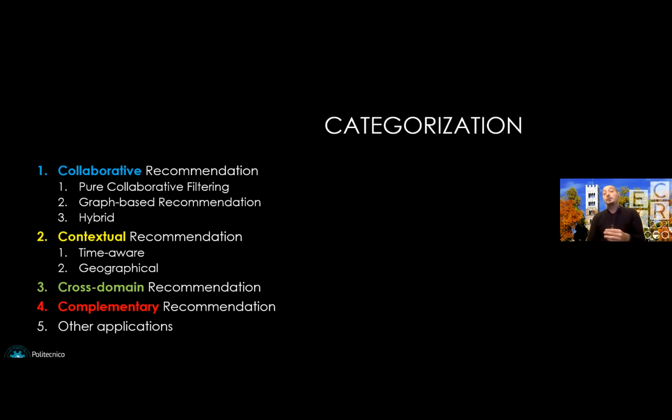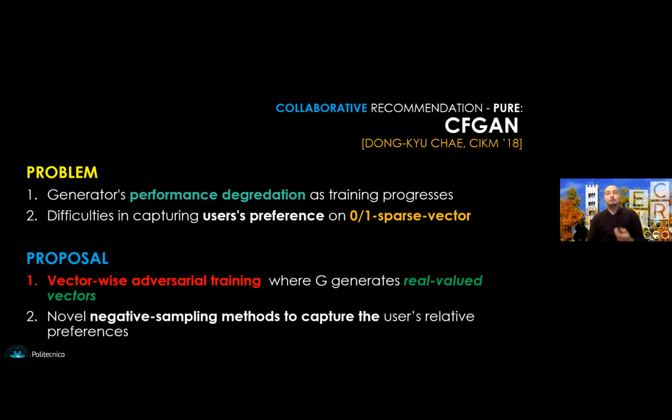For what concerns the recommendation tasks, we can see that the majority of works focus on time-aware applications, geographic applications, cross-domain, and fashion recommendation. We can start with the pure collaborative filtering application of GANs.